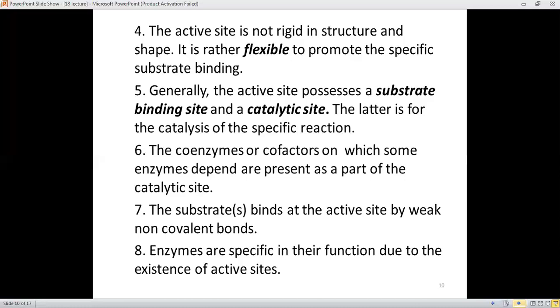And the substrate binds at the active site by very weak non-covalent bonds.